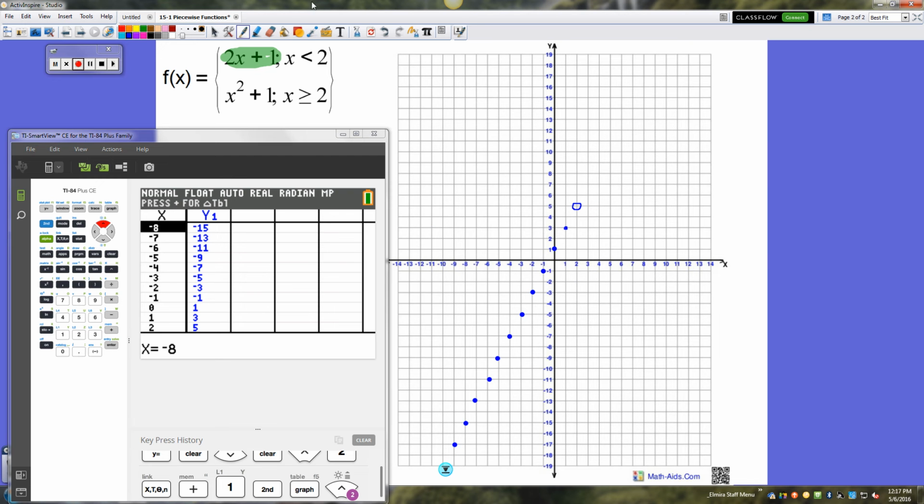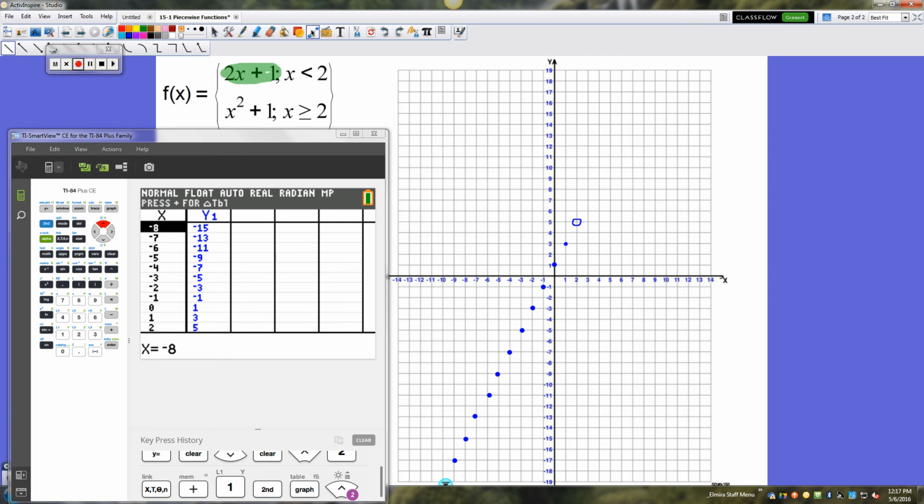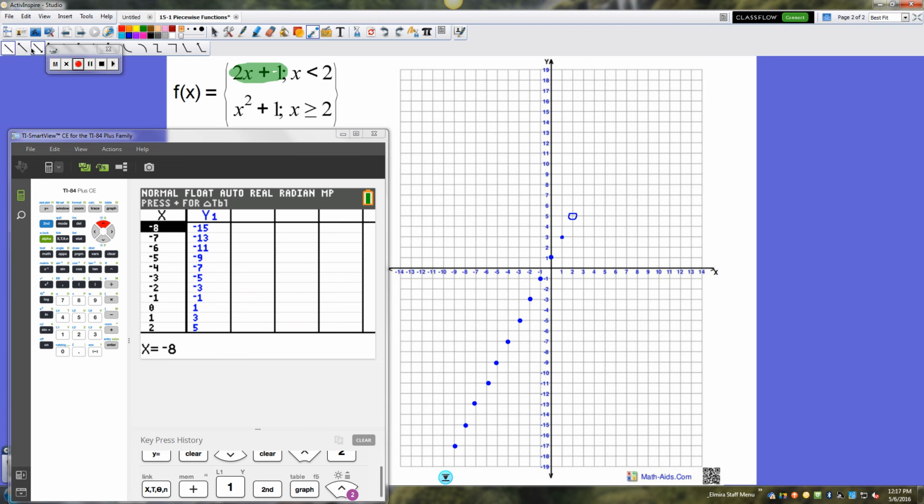Okay, so once I have those dots in there, then I can draw an arrow. And I will label this part as well. So I will say f of x equals 2x plus 1.